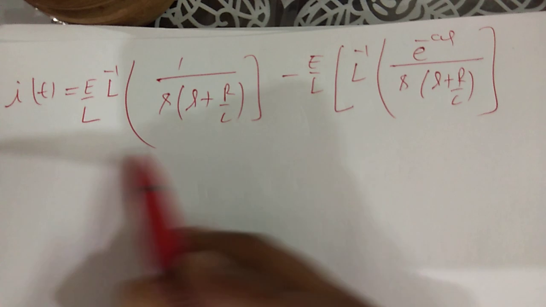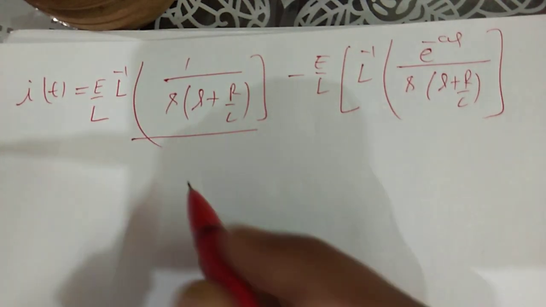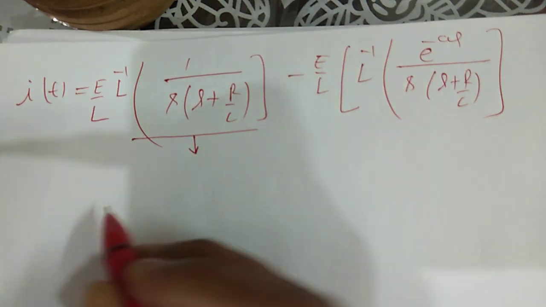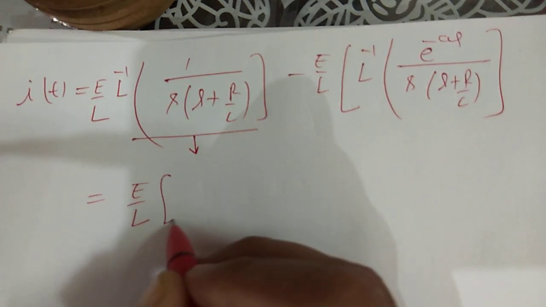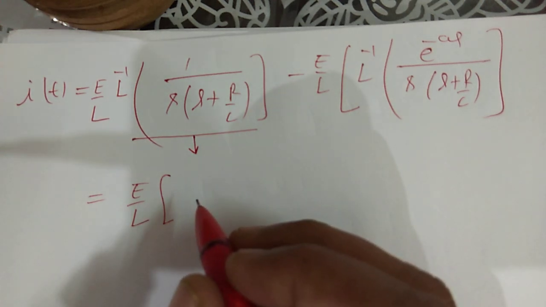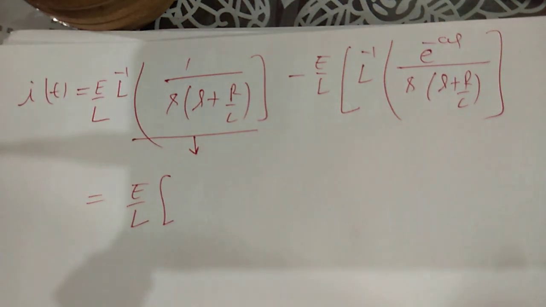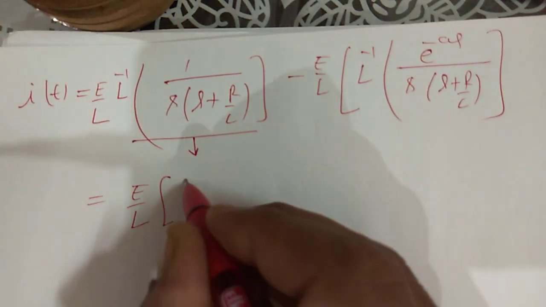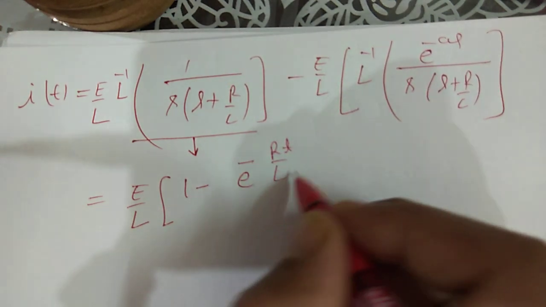Here E/L is the constant I have taken out. For this one, using partial fractions, we can get the inverse Laplace as E/L (1 - e^(-Rt/L)).